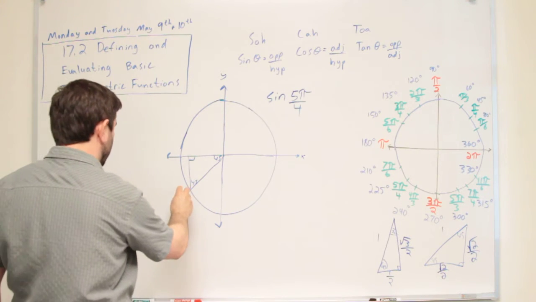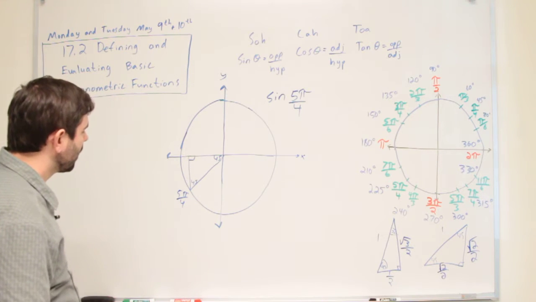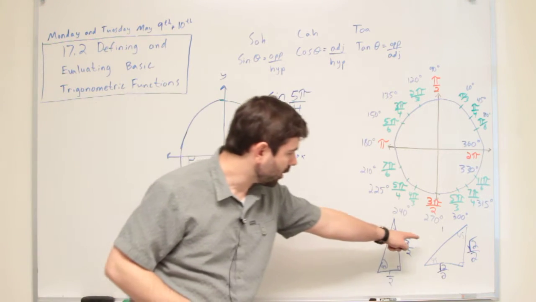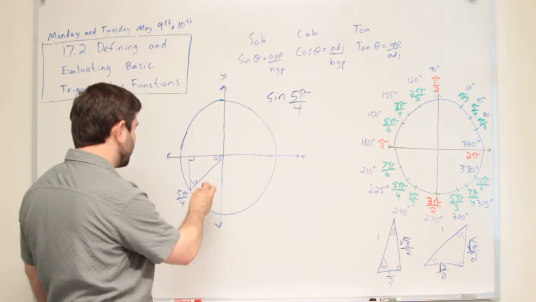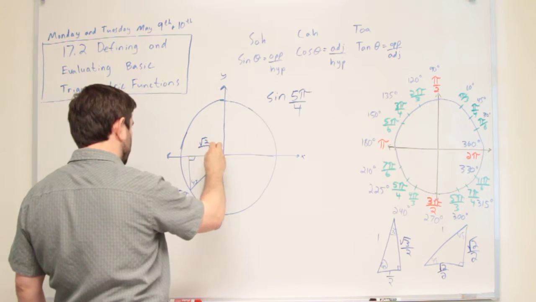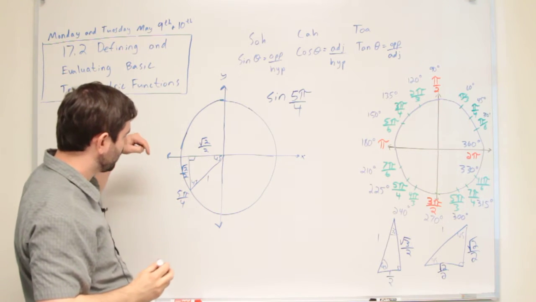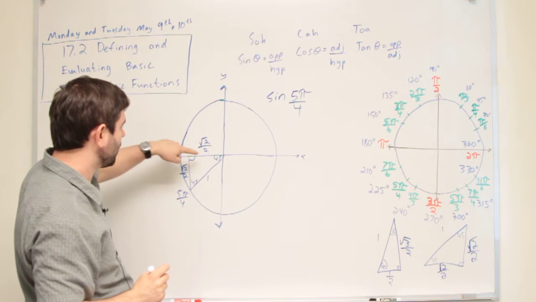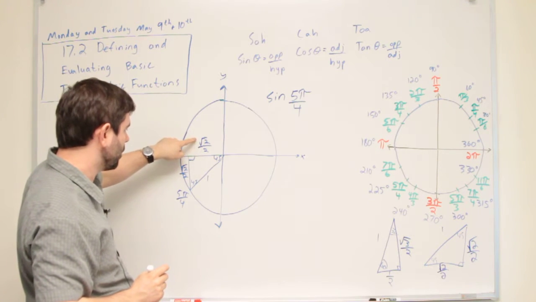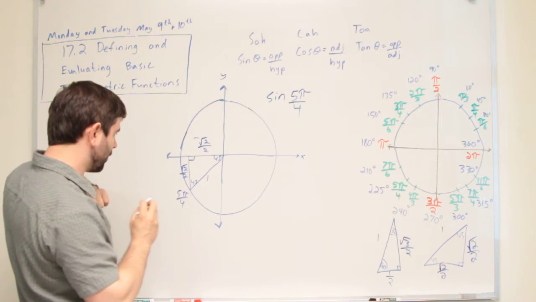And this is 5 pi over 4. And we can look back at our chart here. We know that our hypotenuse is 1, so we know that each side is root 2 over 2. And we have to pay attention to our signs here. This is going to be negative root 2 over 2 because we're going to the left, and negative root 2 over 2 because we are going down.